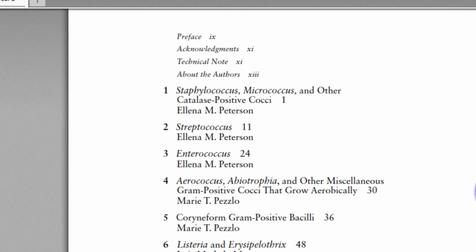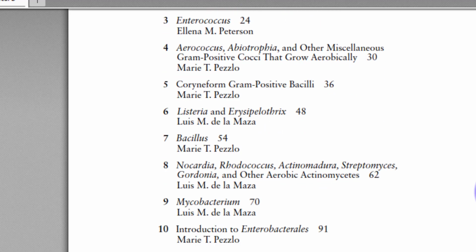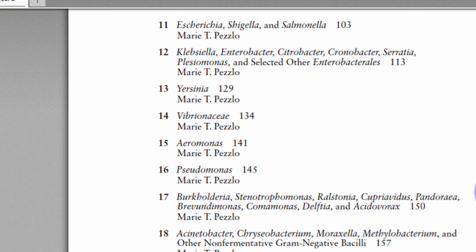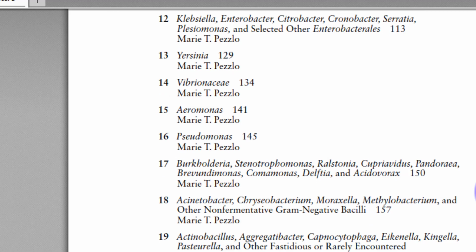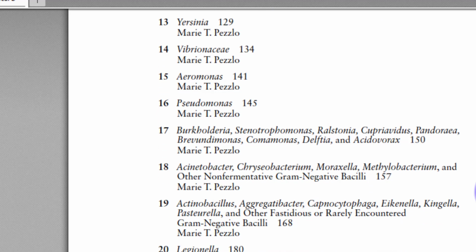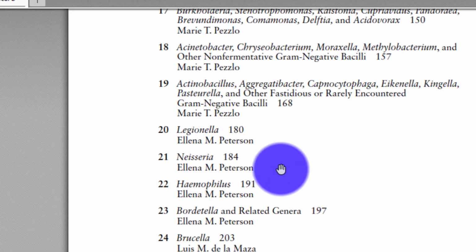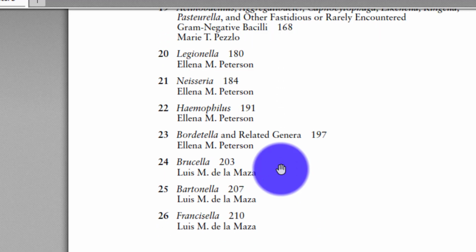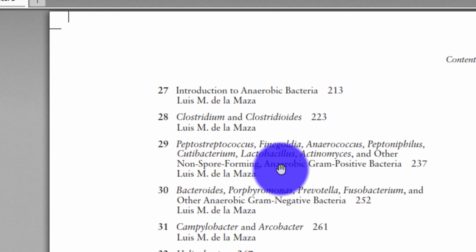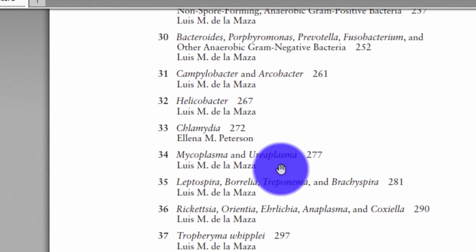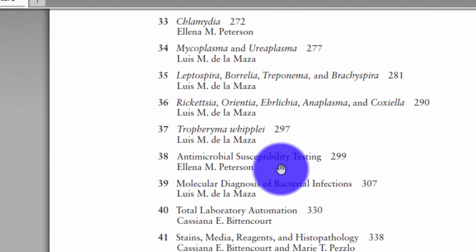Staphylococcus, Streptococcus, Enterococcus, Aerococcus, Corynebacterium, Listeria, Bacillus, Nocardia, Escherichia, Klebsiella, Yersinia, Vibrio, Aeromonas, Pseudomonas, Burkholderia, Acinetobacter, Legionella, Neisseria, Haemophilus, Anaerobes, Clostridium, Campylobacter, Helicobacter, Chlamydia, Mycoplasma, Rickettsia.